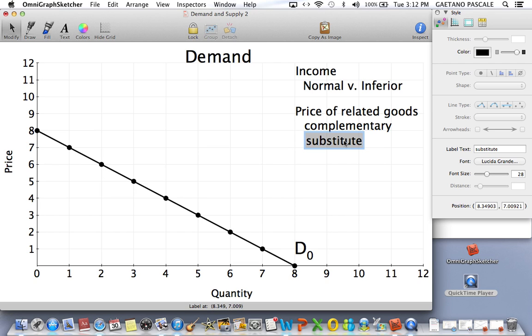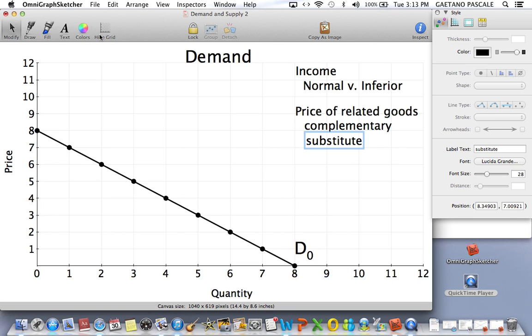Something happened in nature that destroyed, let's say, 20% of the coffee crop. So coffee prices went up by, I forget how much, 40 to 50% in one year. What do you think people's reaction to this was? Some people decided, well, I'm not drinking coffee, it's too expensive, and some people substituted away and bought tea instead.